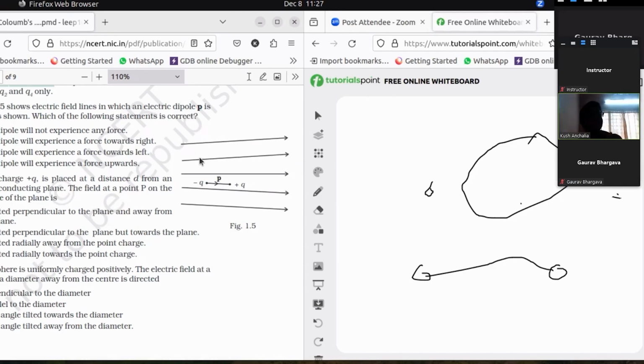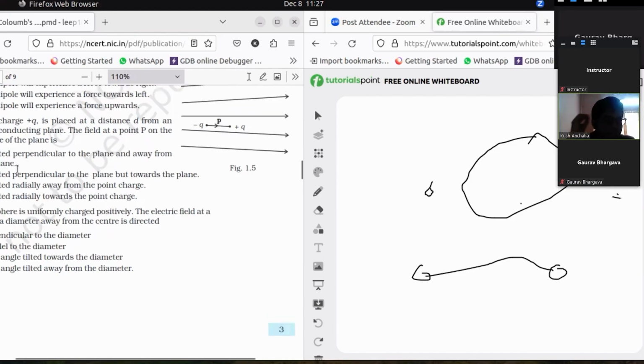That is the most important thing about a dipole: a dipole always gets a torque, not a net force. So I think the dipole won't be experiencing any force, since all the lines are parallel.